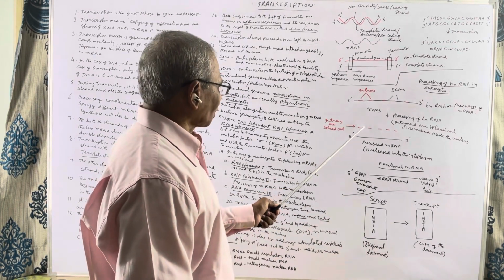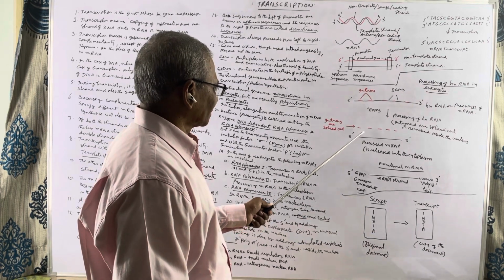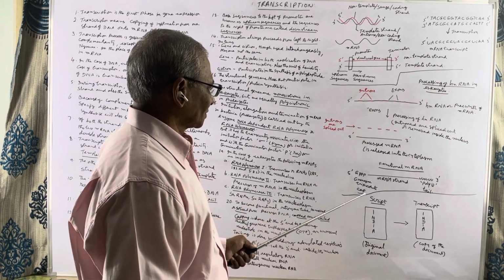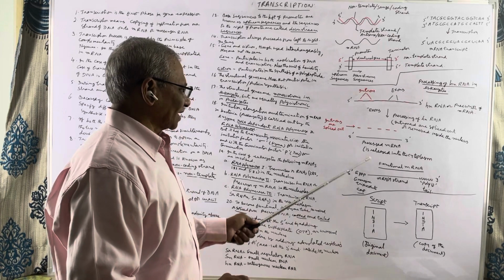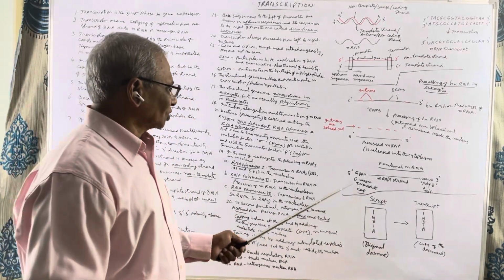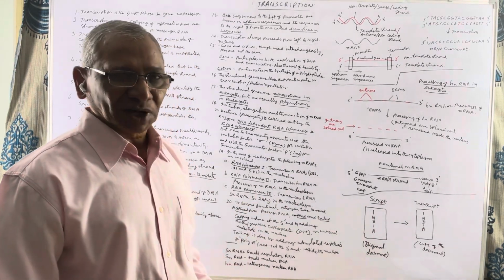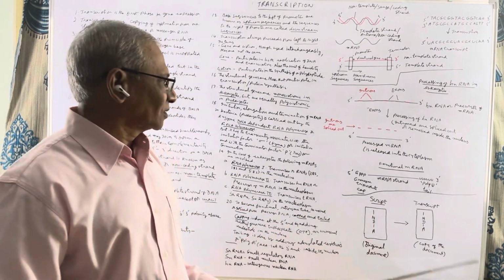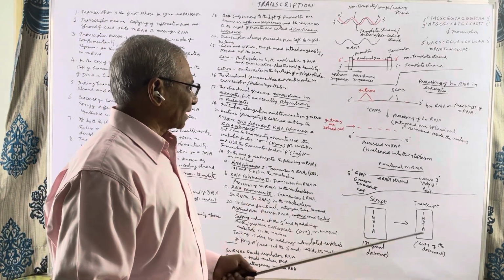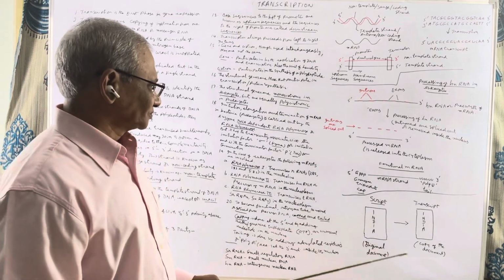When you remove these introns, we get processed mRNA. This processed mRNA is released into the cytoplasm. The removal of introns is known as splicing. Splicing occurs in the nucleus.